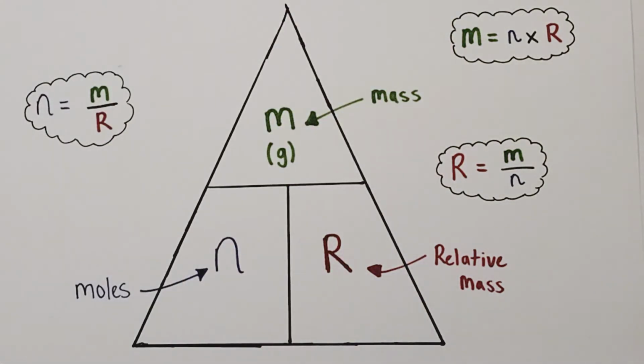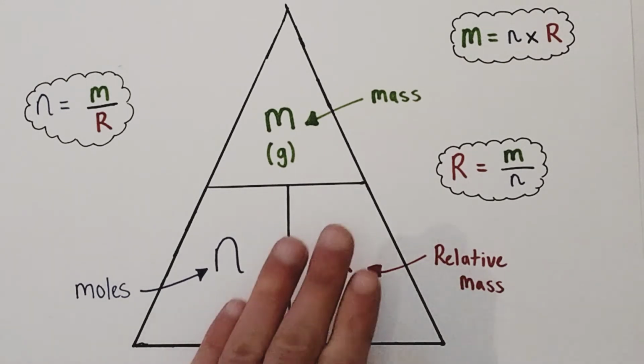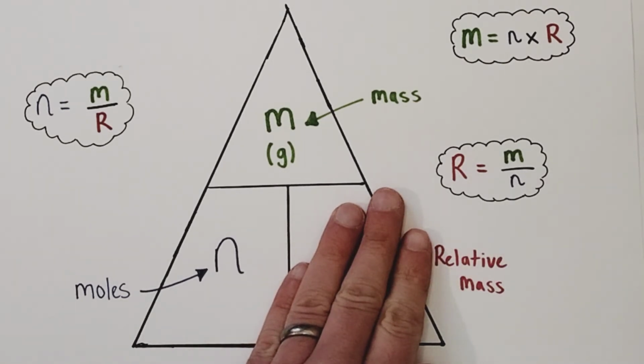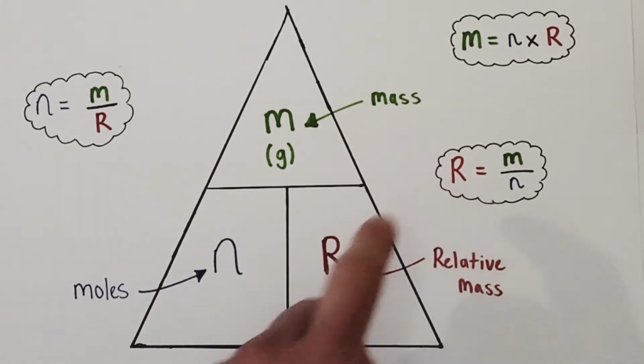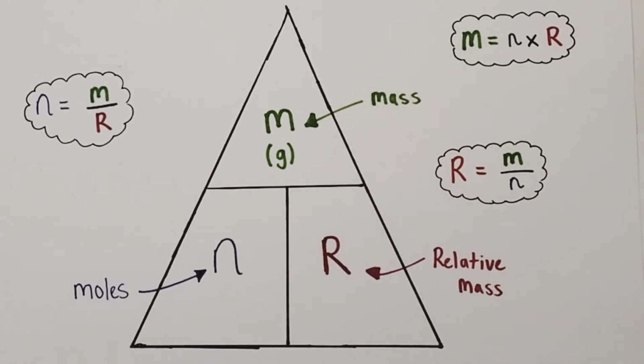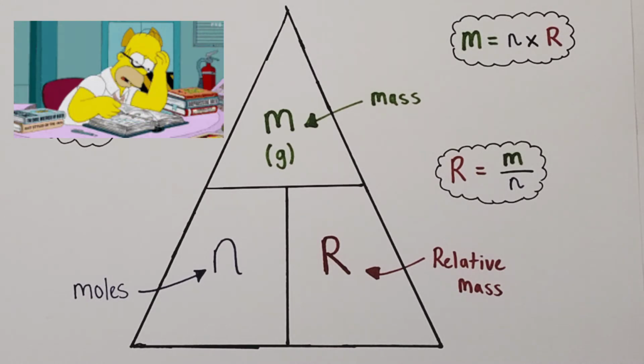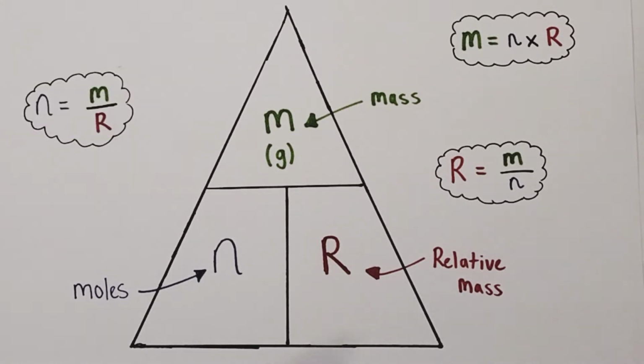And finally, if I want to work out relative mass for a sample, I cover relative mass with my hand, showing me the function would be mass divided by number of moles, which is shown by the third rearrangement here. So we can work out any of the values as long as we know the other 2. Now, chemists aren't quite as generous as physicists, so you have to memorize this formula triangle. So don't forget, guys, memorize the triangle.